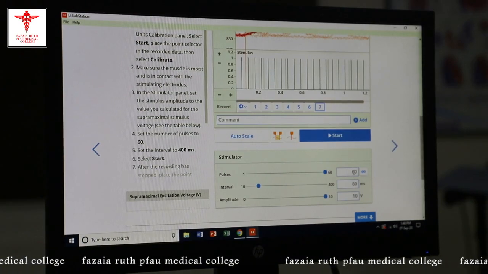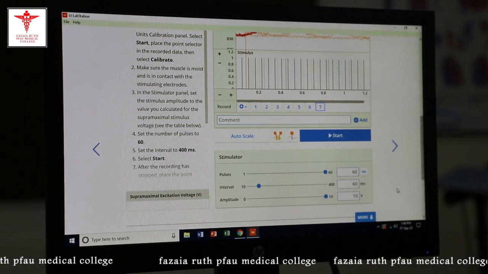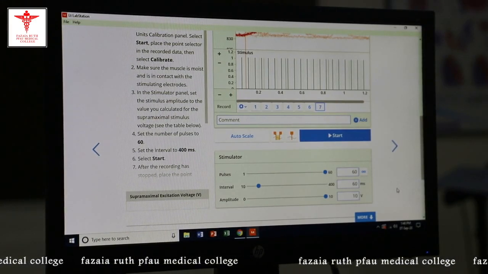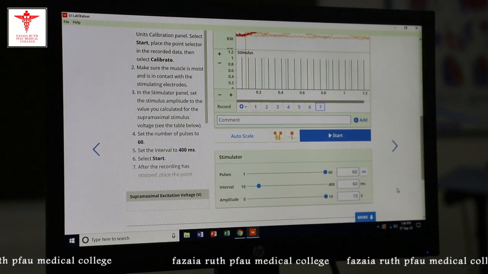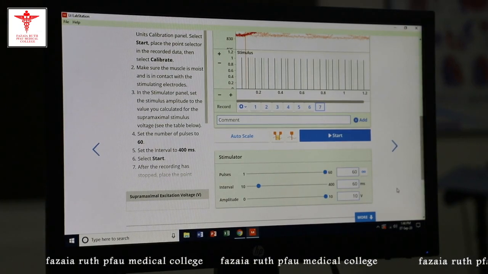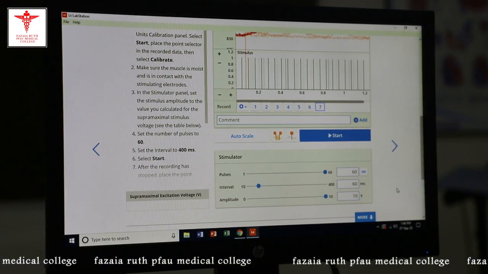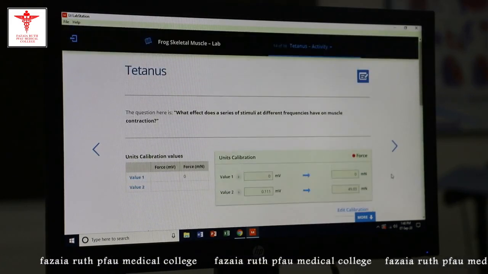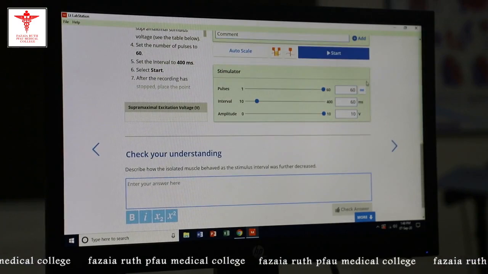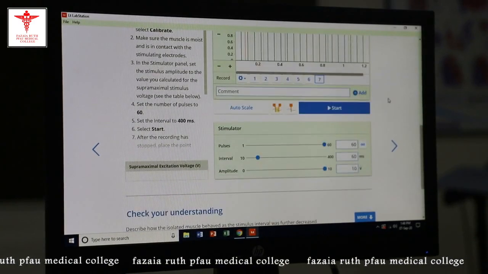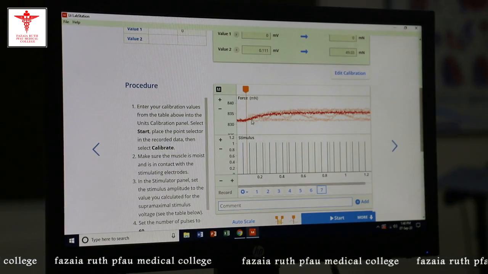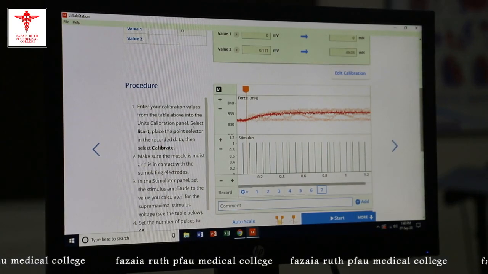Over here, if you go back, we started with 1 pulse in twitch. Then we moved on to summation, so we gave 2 pulses. Over here in tetanus, we are going to give 60 pulses. All right. So with this, you are going to have an effect like this.